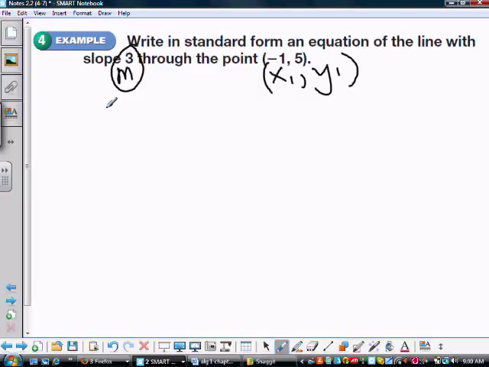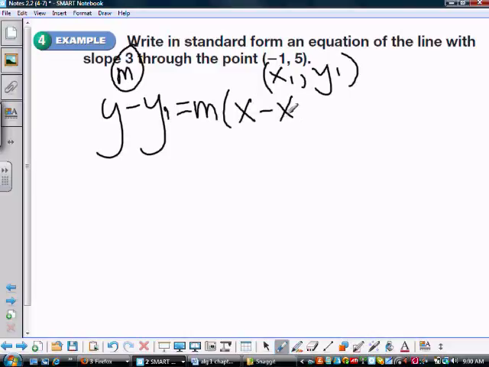Alright, so point slope form is y minus y1 equals m times x minus x1. So I'll do my substitutions for the m and the x1, y1. So this is y minus 5 equals 3 parentheses x minus negative 1.